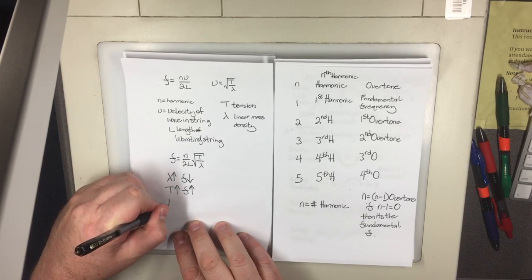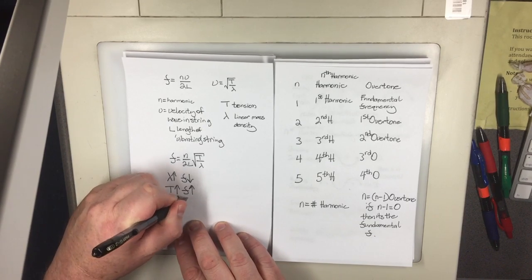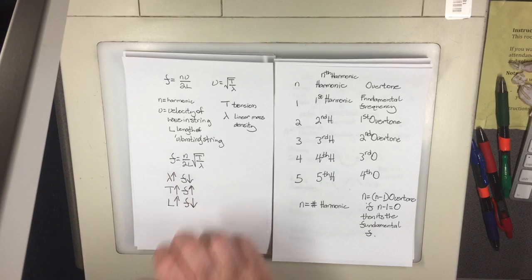You also know that if you increase the length, the frequency goes down. If you look at a piano, the lower strings are on the left, and they are longer. With guitars, they make more of a difference in string linear density, so that's why the strings aren't that different in length.